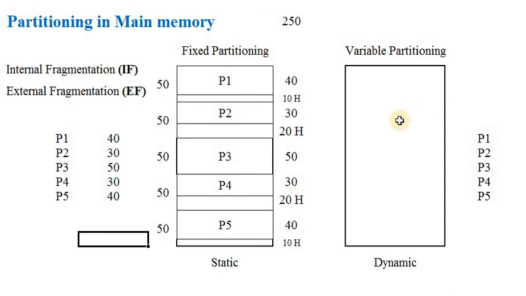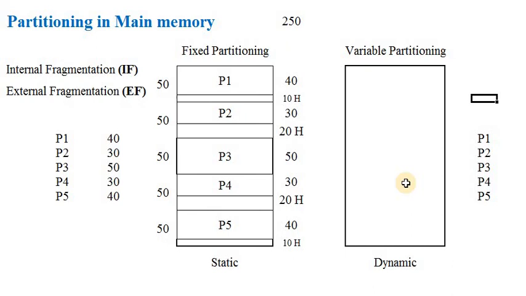Okay, so let us go for variable partition. In this variable partitioning, how will this happen? How will the process be allocated in the main memory? This variable partitioning is also called a dynamic partition. Here in this dynamic partitioning, there will be no initial partitioning. That means the main memory will not be partitioned into equal or unequal sized partitions.